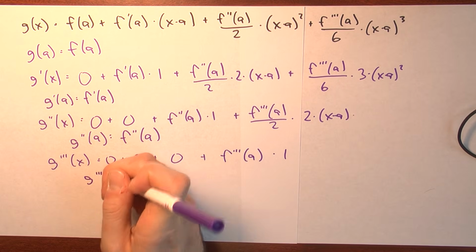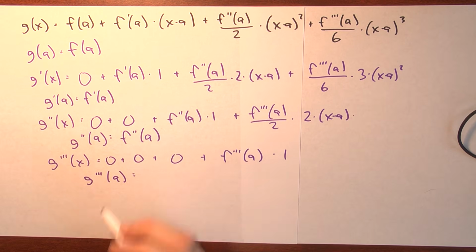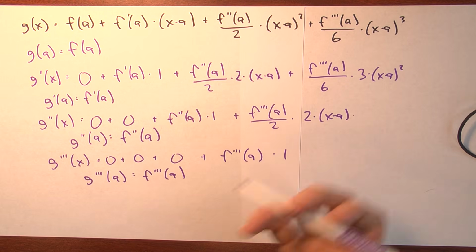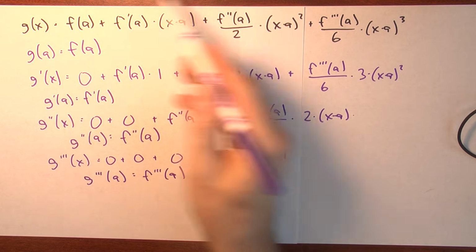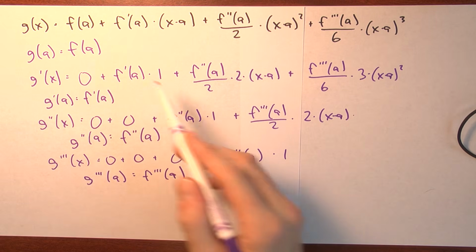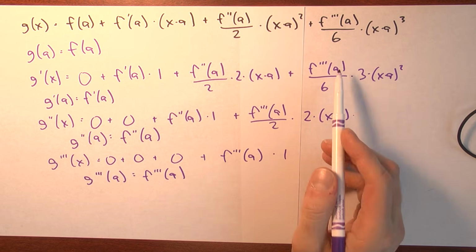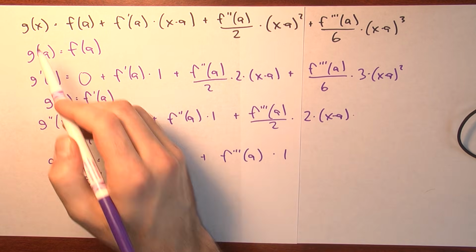So the third derivative of g at the point A is equal to the third derivative of f at the point A. So this cubic polynomial not only matches the function's value, but it also matches the first, second, and third derivative of the function f at the point A.